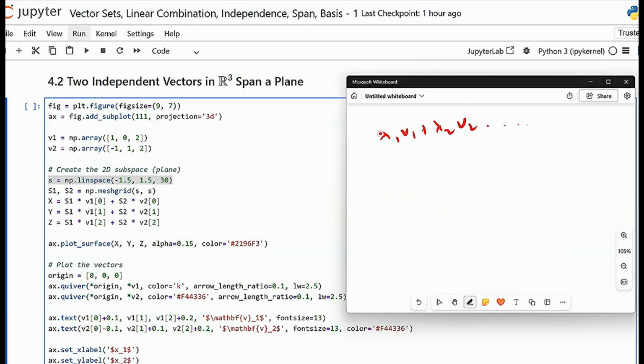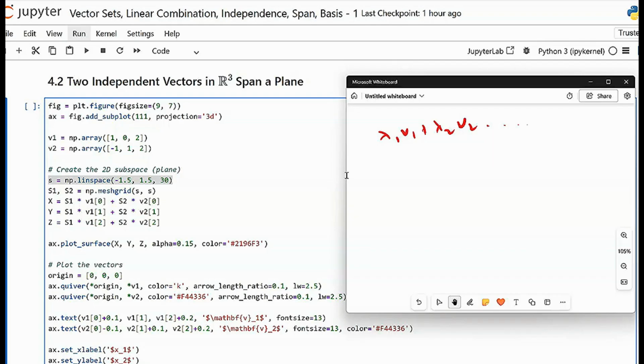Here we have the range of scalar values for these coefficients, that is minus 1.5 to plus 1.5, with 30 points.